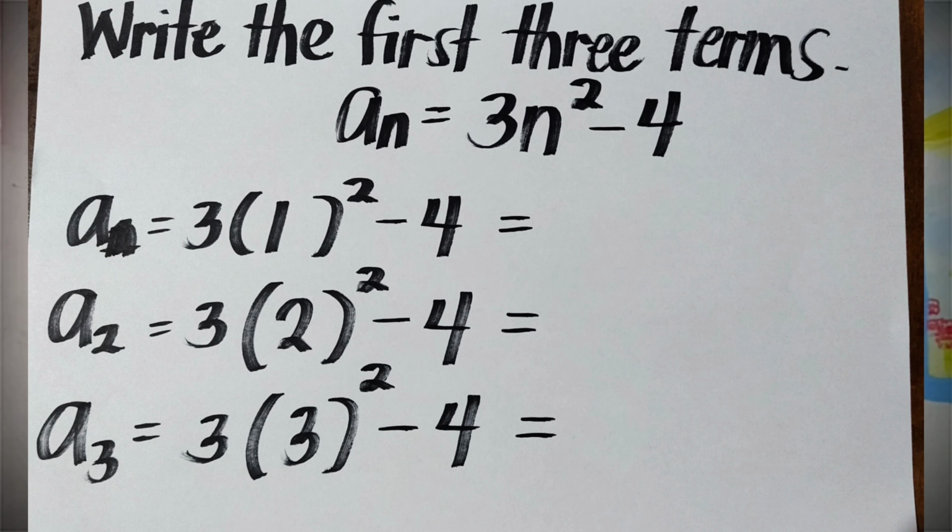Last example, number 4. Write the first 3 terms of the general term a sub n equals 3n squared minus 4. So again, dahil first 3 terms, ang isasubstitute natin ay 1, 2, 3. Okay, let's substitute. A sub 1 equals 3, quantity 1 squared minus 4.